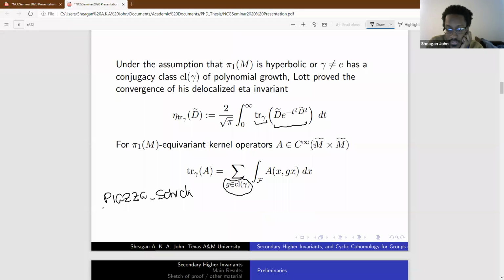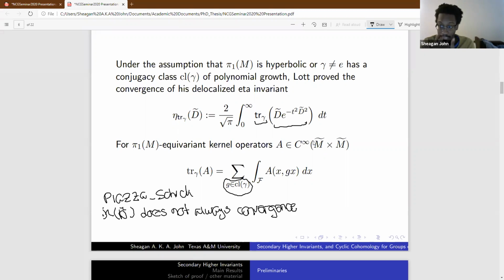So our eta invariant does not always converge. They had provided a counterexample in the case that we do not have invertibility. So invertibility is generally not an unnecessary condition.